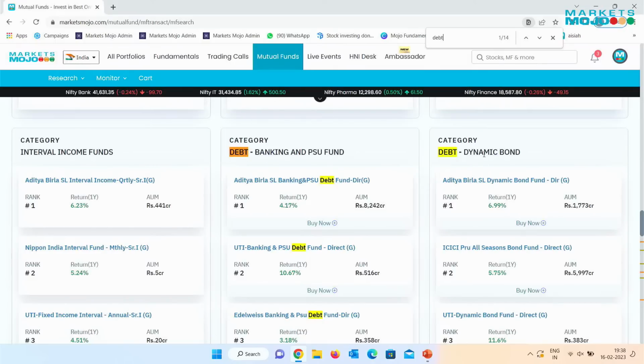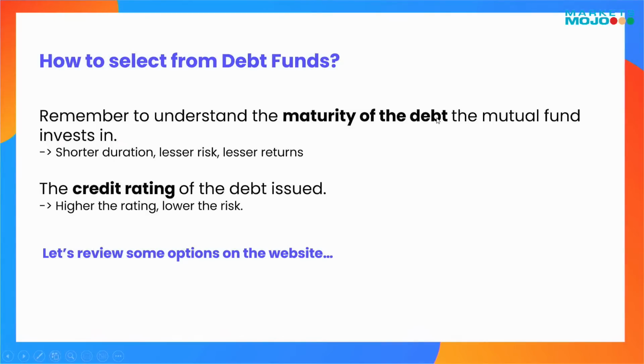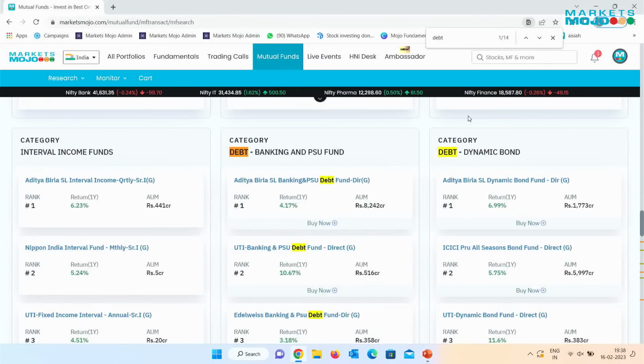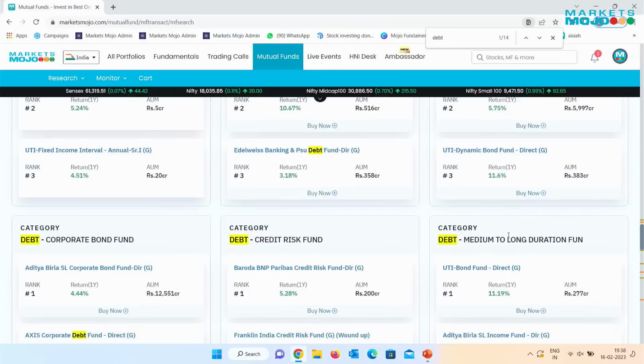Then we have a debt dynamic bond fund. Okay, I remember I spoke about the maturity of the debt. In a dynamic bond, it invests in debt of different maturities. So this is a whole family pack. If you don't want to understand which fund to invest in, short term, long term, understand interest rates, you can keep all of that aside and look at a dynamic bond fund.